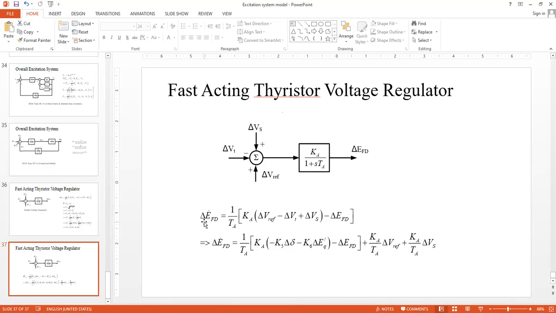This was the original equation: delta EFD dot equals 1 upon TA, Ka multiplied by whatever input is there from the summing junction, minus delta EFD. And then we replace del Vt by K5 del delta plus K6 del Eq prime. Because of this minus, we have these minus signs there. And then minus delta EFD plus Ka over Ta del Vref plus Ka over Ta del Vs. So this is your final equation.